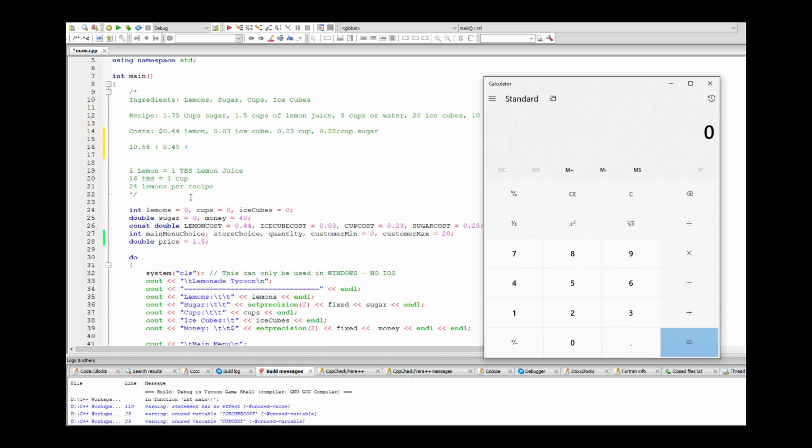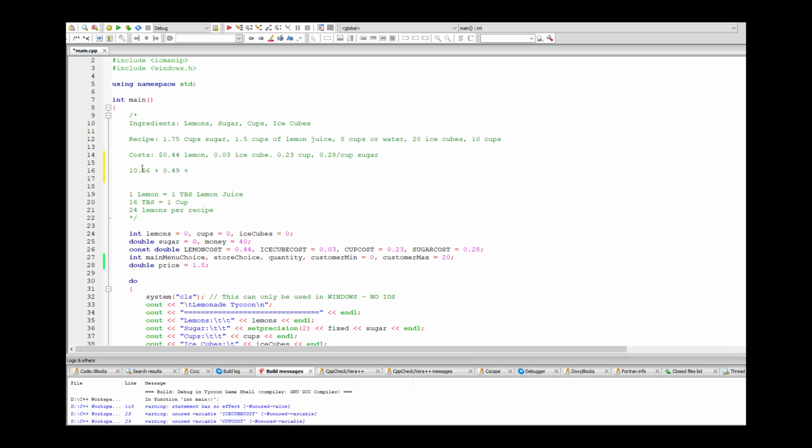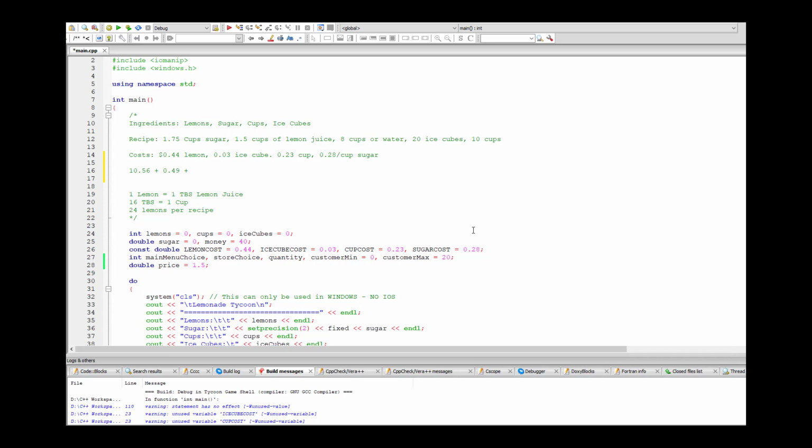Okay, now actually, this is per jug. So we'll calculate the per jug cost. We need 20 of them, so that's 60 cents. So 3 cents each, so we need 0.60 for ice cubes, plus 23 cents per cup. And that would make 10 cups. So $2.30 for the 10 cups.